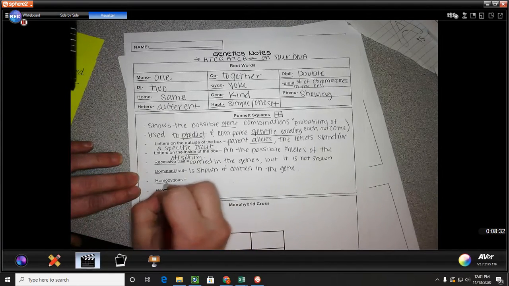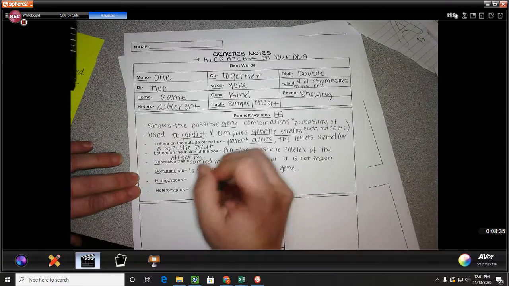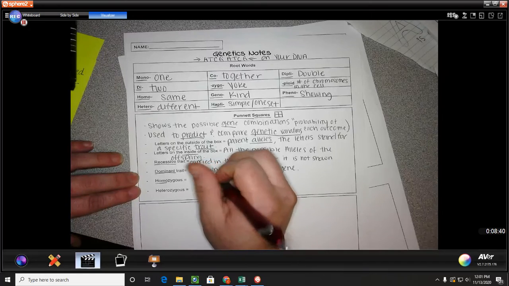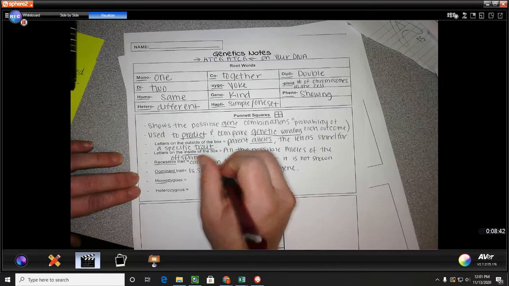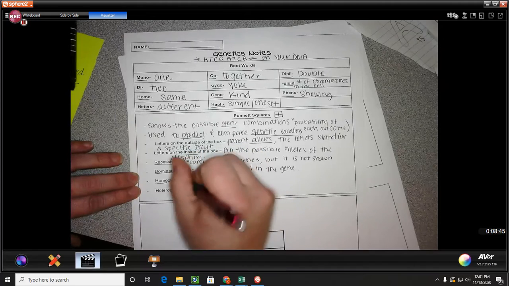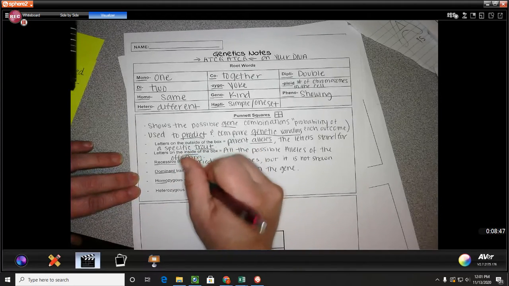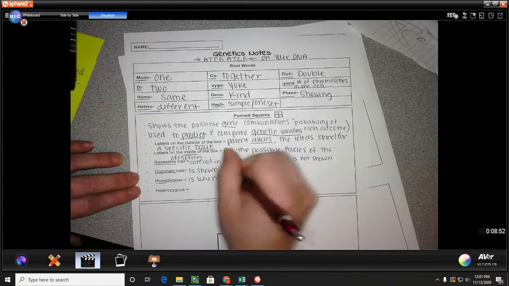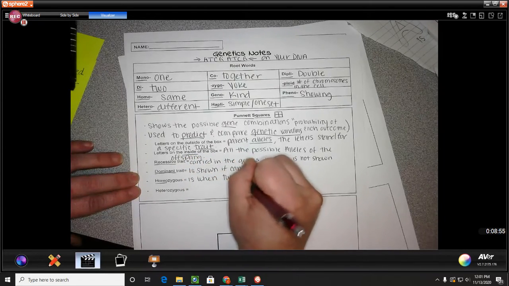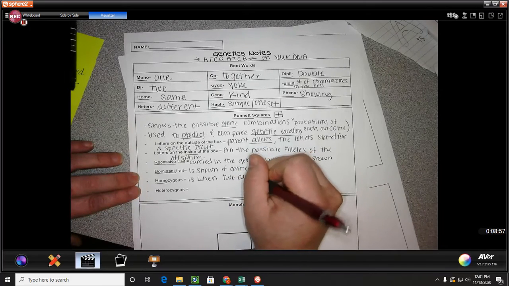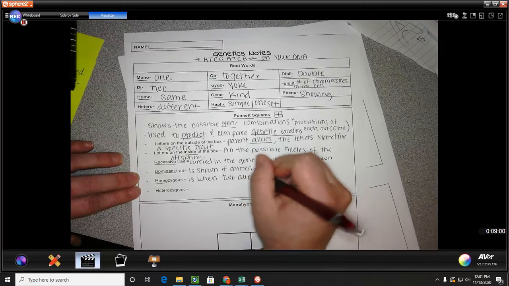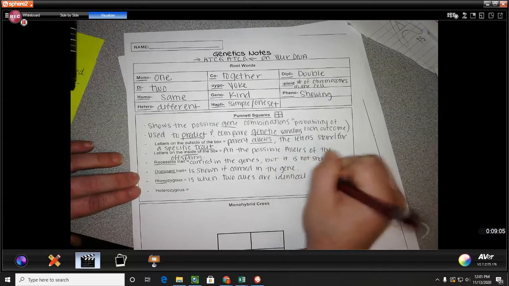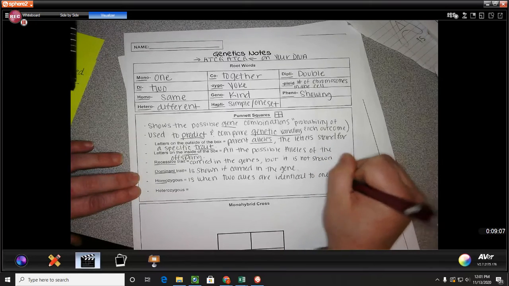Homozygous, remember homo is the same. Homozygous is when two alleles are identical to one another.